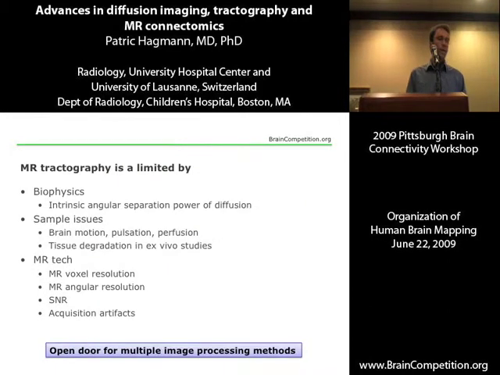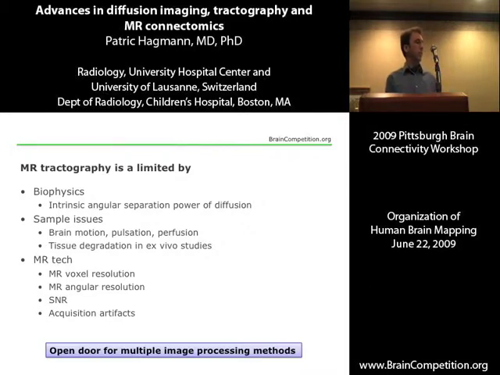Nevertheless, MR tractography is intrinsically limited in several ways. The fundamental biophysics of diffusion tell us that there is an intrinsic angular separation power in diffusion that limits our ability to separate different fiber populations inside the voxels.